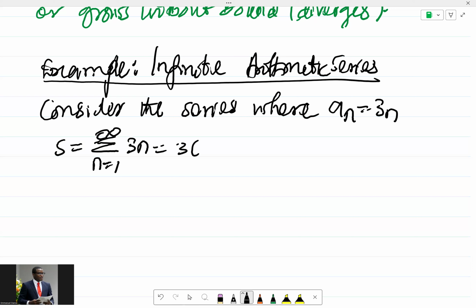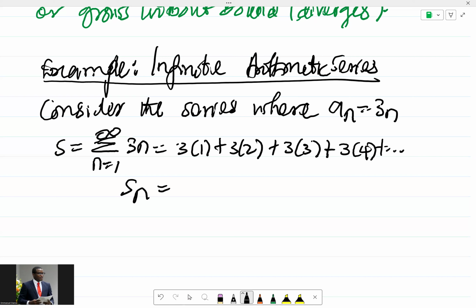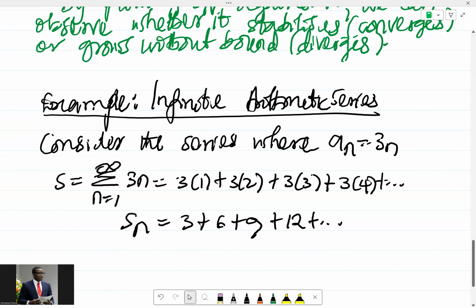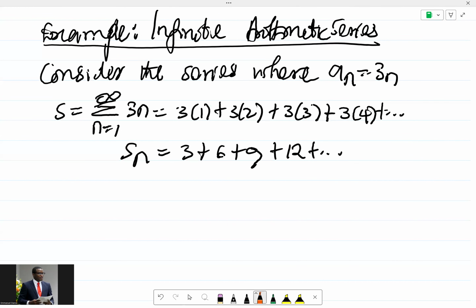That simply means we have 3 times 1 plus 3 times 2 plus 3 times 3 plus 3 times 4, and that goes on forever. So the partial sum now is just 3 plus 6 plus 9 plus 12 and so on and so forth. Can we talk about the partial sums in this situation? Let's consider the partial sums.